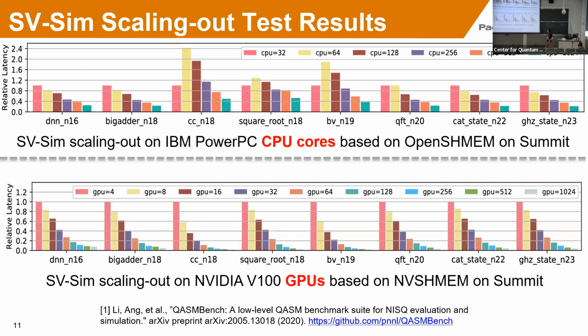Here we show the performance scaling out on Summit in terms of CPUs and GPUs from 4 GPUs up to 1024 GPUs. As you can see, this is strong scaling.